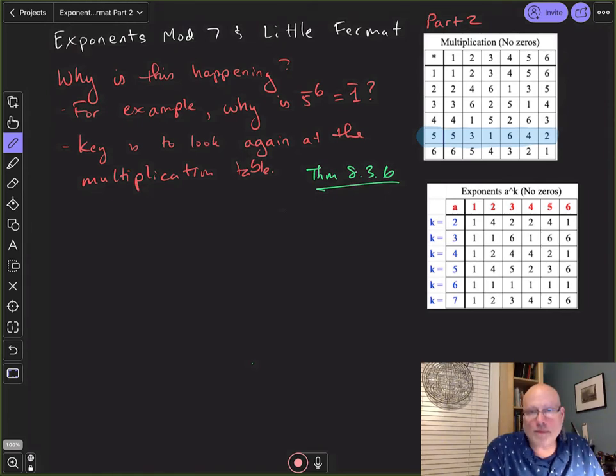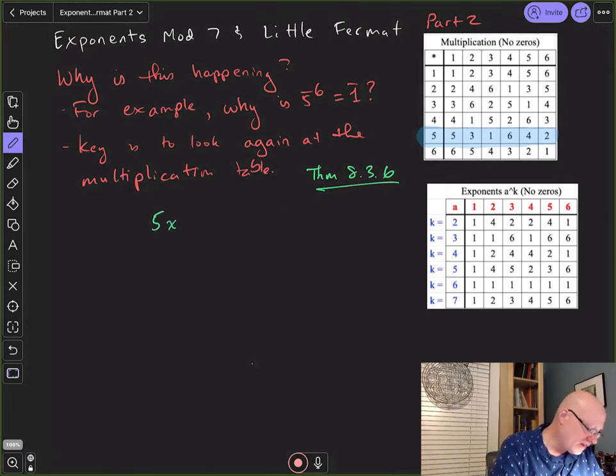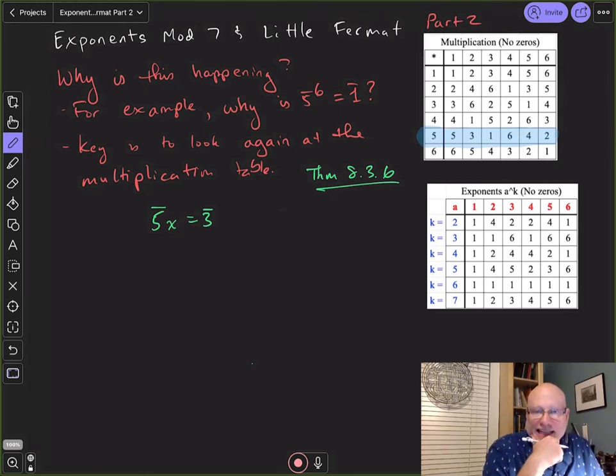So what this is really saying, when we think about the equation 5 bar x equals 3 bar, at least based on what we did in chapter 8, is that I can solve this equation. Because 7 is a prime modulus, 5 is relatively prime to it.